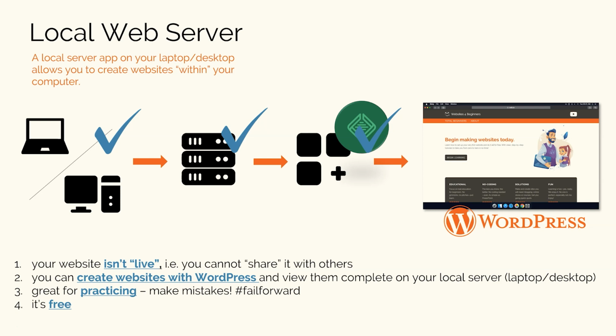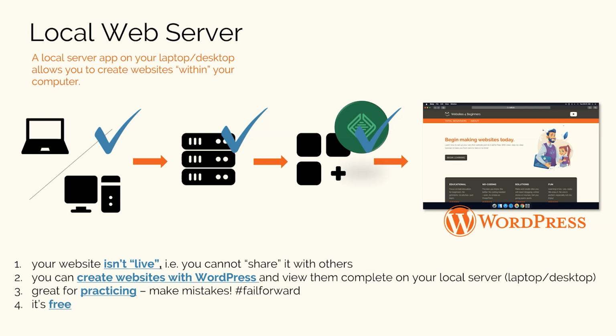Two, with Local, you can create websites with WordPress and you can view them complete on your local server, which is your laptop or your desktop. So you can really do everything on your laptop without having to worry that it's somewhere out there in the global market and people can actually see everything you are doing. That brings us to point 3. You saw all those websites in my local server.